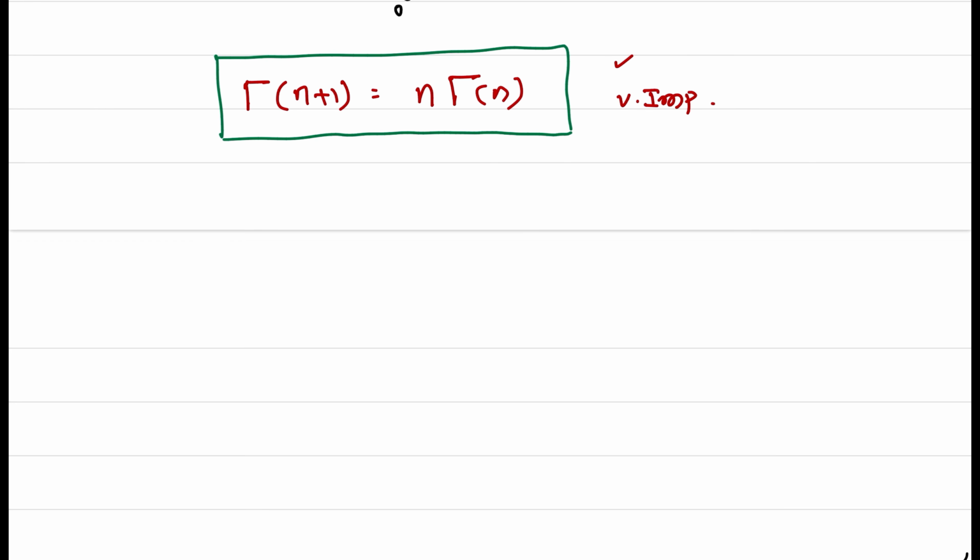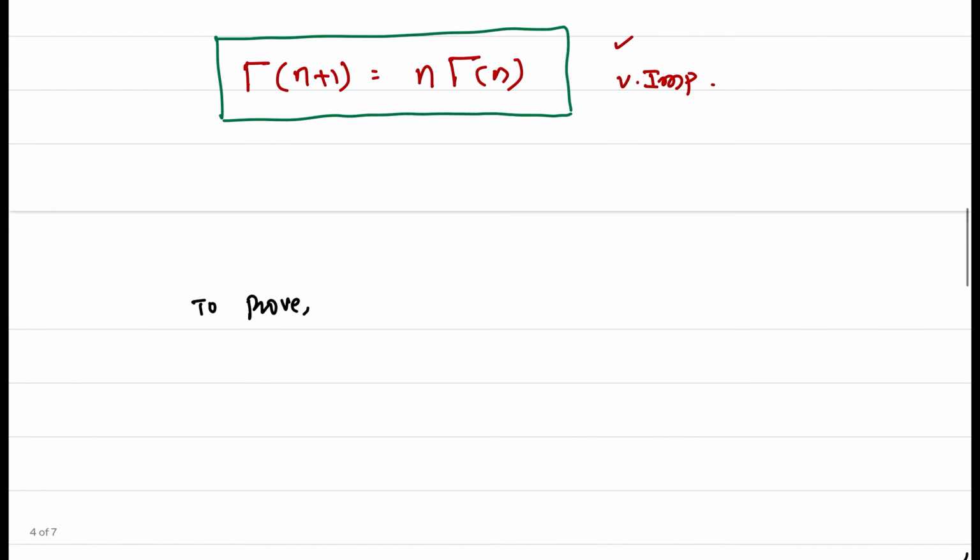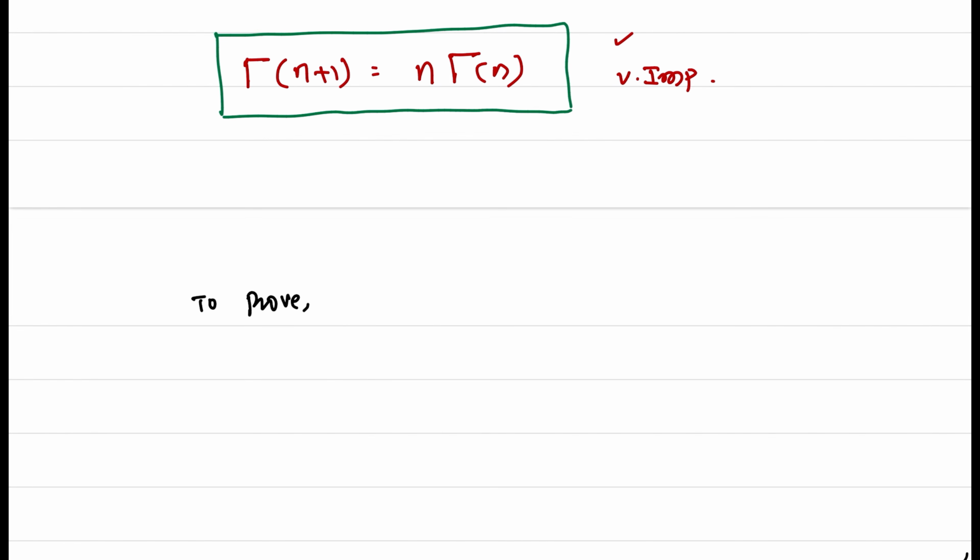I am going slow because I want you to appreciate the importance of this equation, this function, and understand the function well. To prove the above, gamma n plus 1 is equal to n into gamma n.